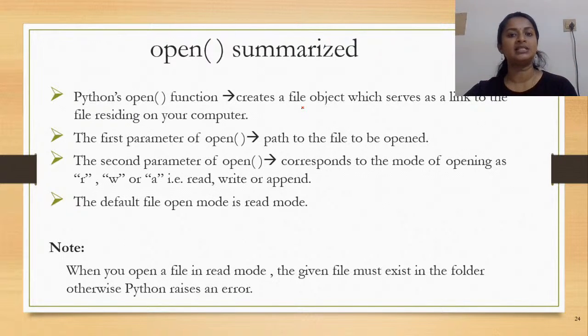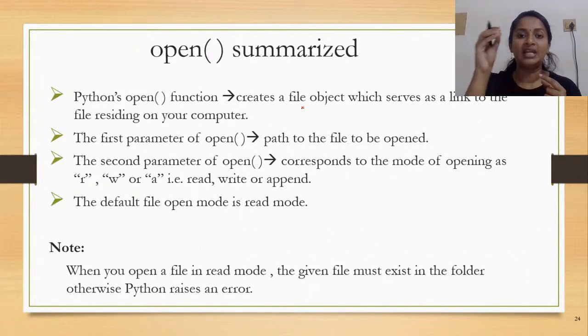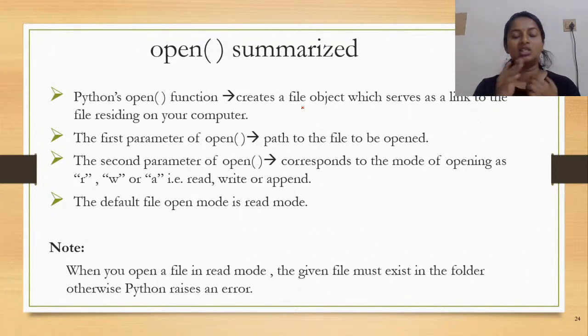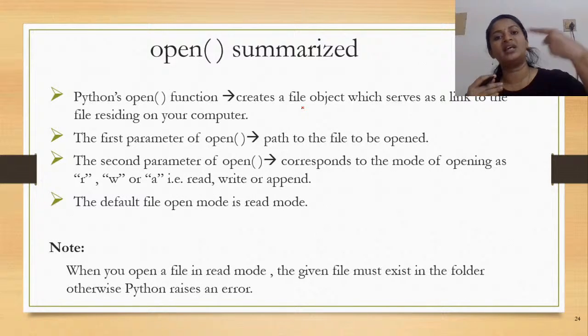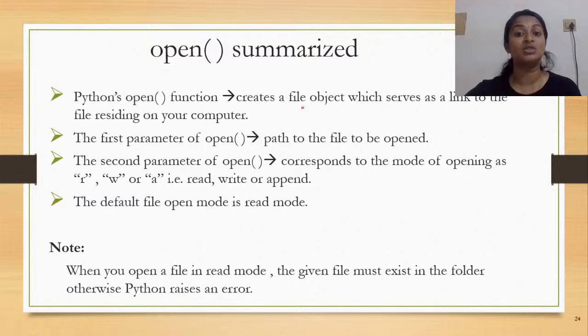What does the pointer do? It is a link to the place where the file is stored in your computer. So whenever you open with the file name, this file object will go and link to the place where it has been stored in memory. This is how you get access to the file.